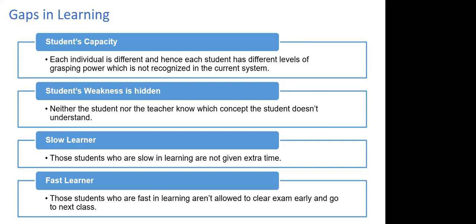In the sense, we don't have a mechanism to gauge the ability of each and every student all the time. Although some schools and some teachers do an initial screening test, maybe a psychometric test, just to understand, that was for that particular time, not for each and every day.